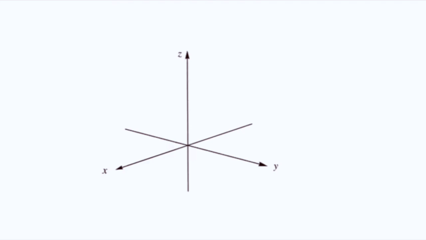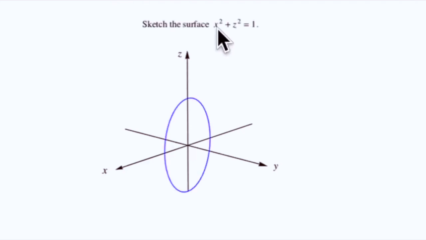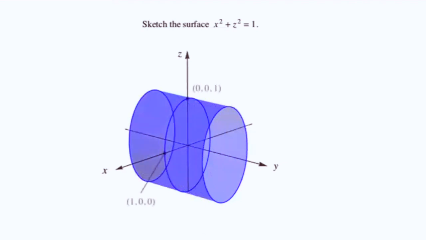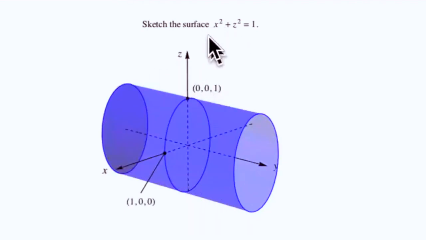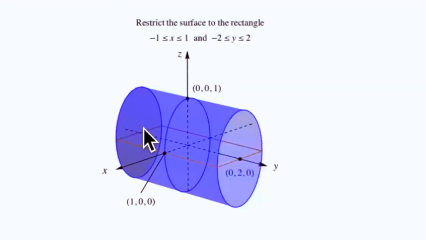Just a quick animation. Now let's see the process. We have x squared plus z squared equals 1, which on the xz plane is a circle. But in 3D, this is going to be a cylinder, remember? Y could be any number, so you extend it along the y direction and get a cylinder. Then y goes from -2 to 2, as given, so you restrict it.